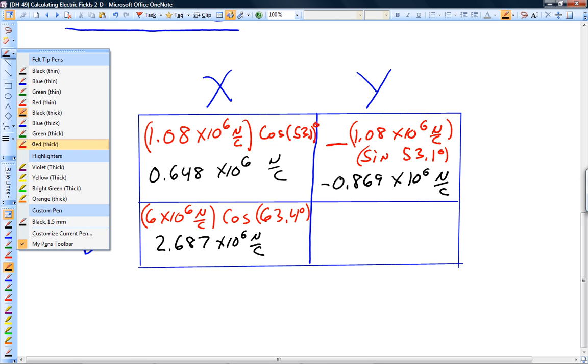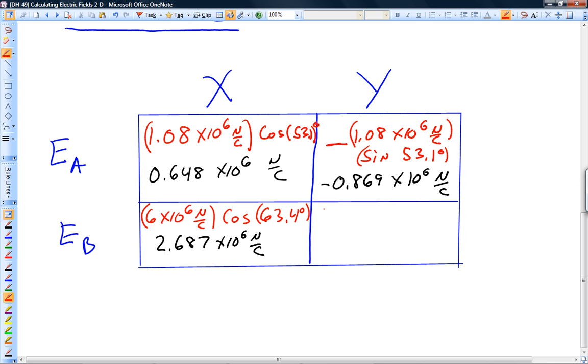And then for the y component for B, it's going to be 6 times 10 to the 6th newtons per coulomb times the sine of 63.4 degrees. And when I put that into my calculator, I get 5.365 times 10 to the 6th newtons per coulomb.